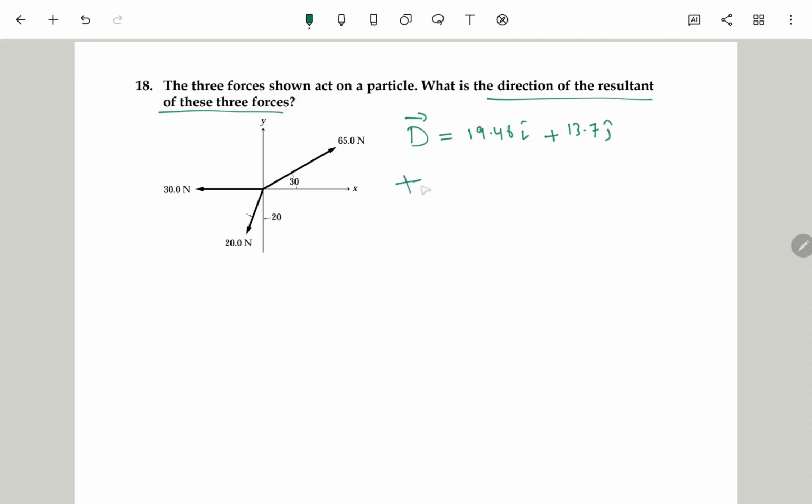Now tan theta equals 13.7 divided by 19.46, and theta is tan inverse of 13.7 divided by 19.46, or theta equals almost 35 degrees.